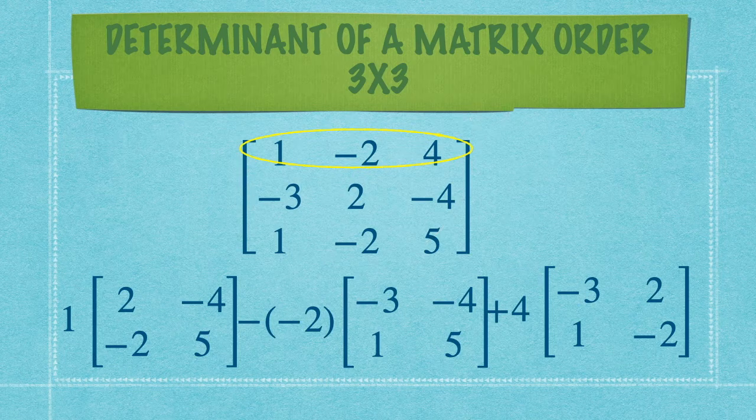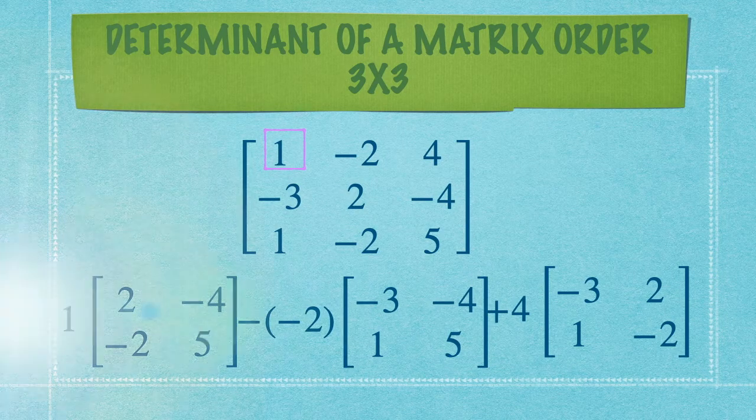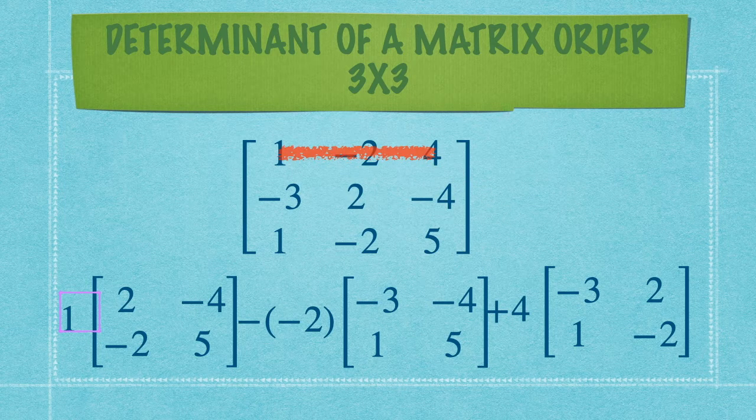And that is it. So the next example that we have here, we have some negative signs within. Again, you're going to use the first rule, but you don't have to use the first rule. I decided that I'm going to continue to use the first rule. So we have the 1, as you can see, placed as displayed. Then we're going to eliminate the first row, 1, negative 2, 4, and eliminate the first column, 1, negative 3, 1.